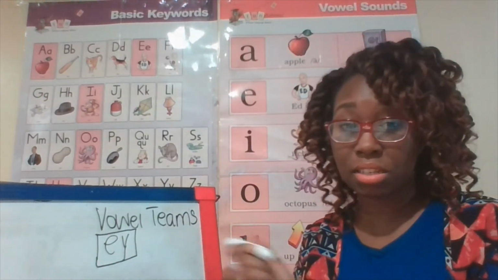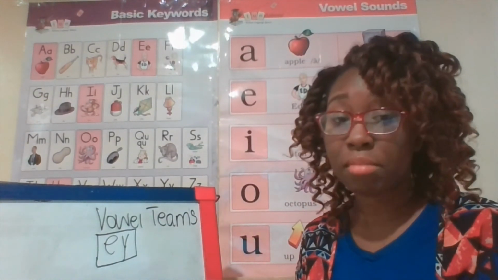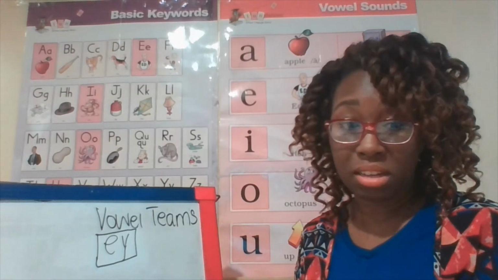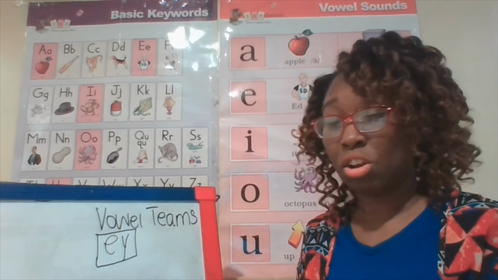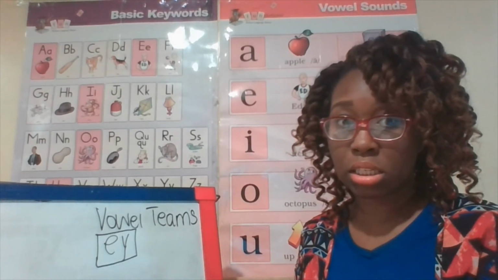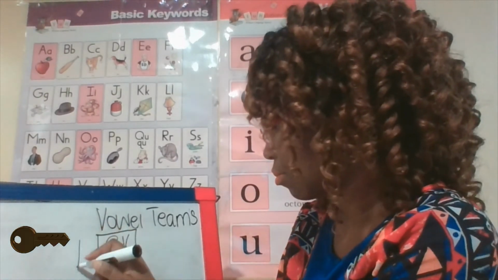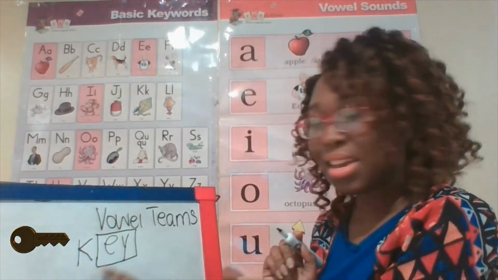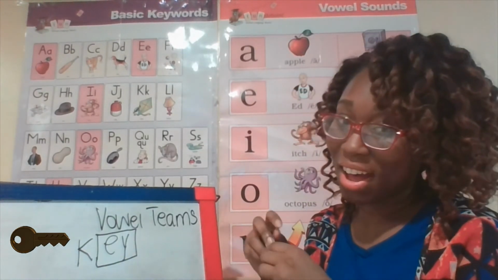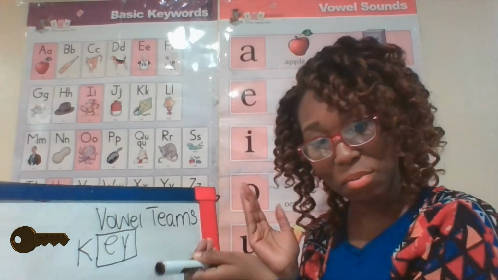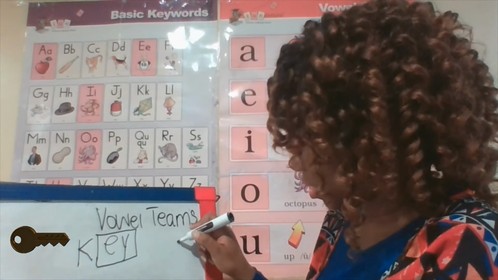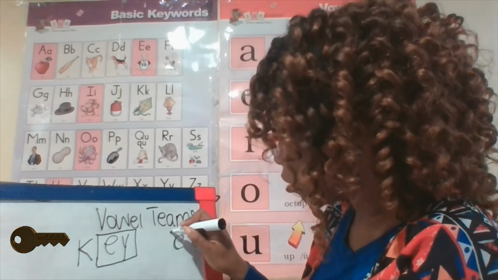Have you ever seen this vowel team, EY? I definitely have. Because sometimes I have to find my keys to get into the house. Key. K-E-Y. The vowel team EY gives you the long E again.